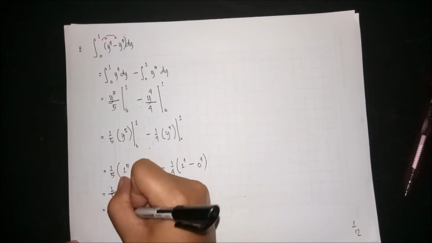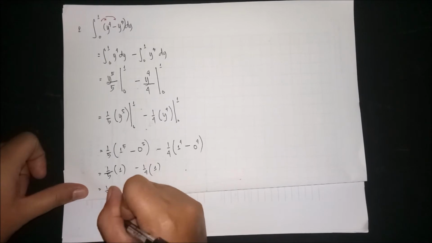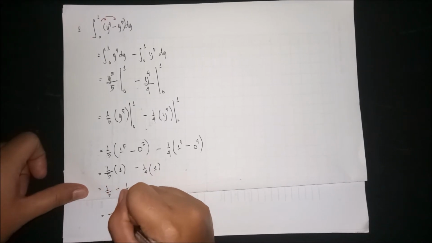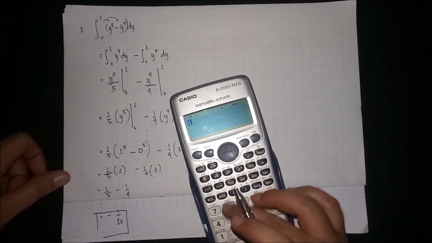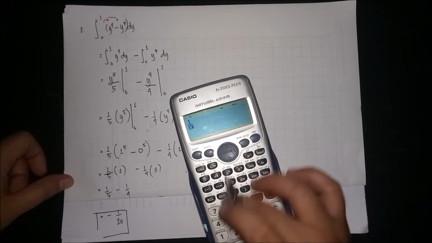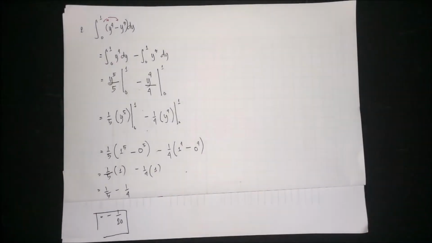So this is just 1/5 minus 1/4. 1/5 minus 1/4 is equal to negative 1/20. Check na natin. 1/5 minus 1/4, negative 1/20. Okay?